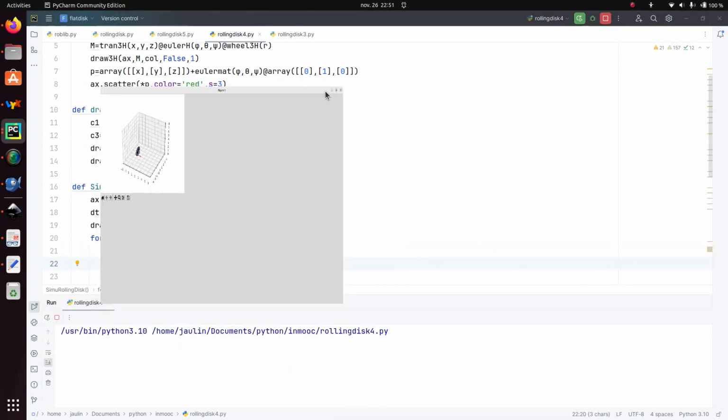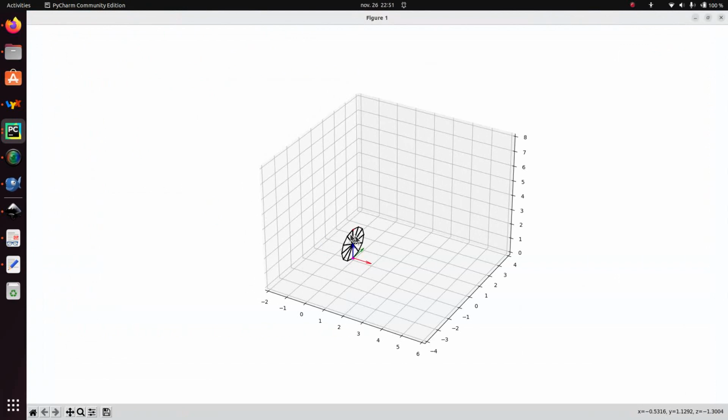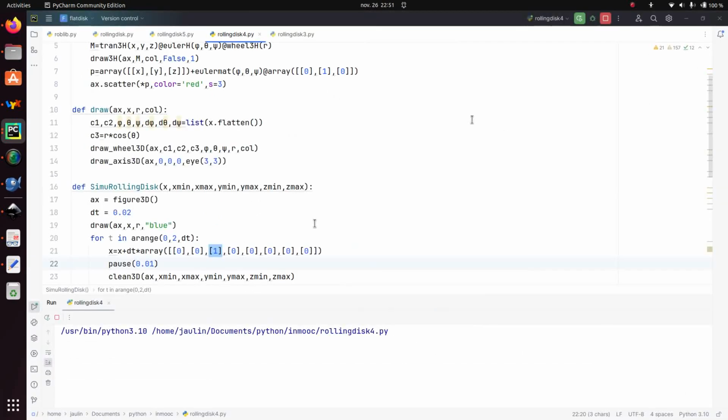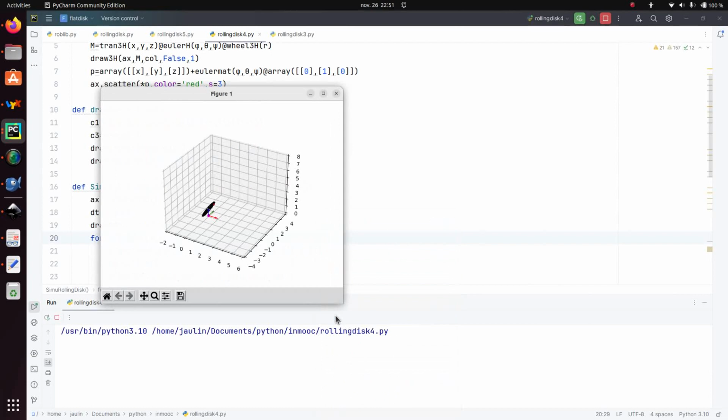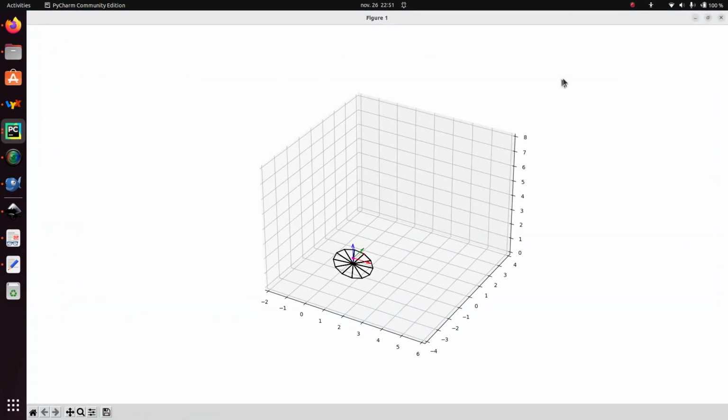I can see here indeed it rotates, but of course I can check one by one that all is okay. So for instance here it is the second angle theta, and I run it. Okay, we can see that it behaves as expected.